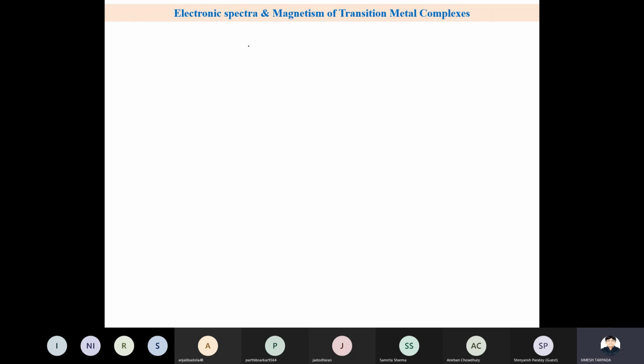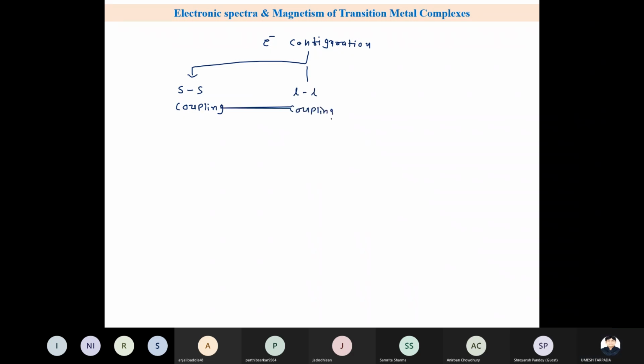We have written the electronic configuration. From the electronic configuration, you can get the S value, that is called SS coupling. Three types of coupling are there. Next is the angular momentum quantum number, called LL coupling. All the L values get coupled, and then LS coupling.